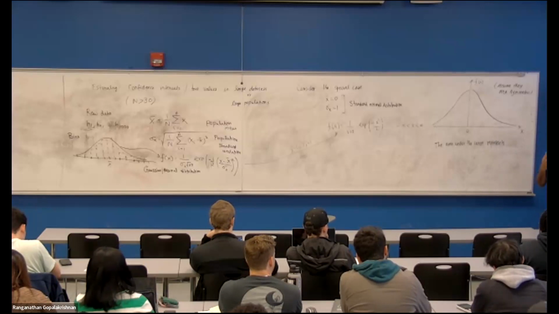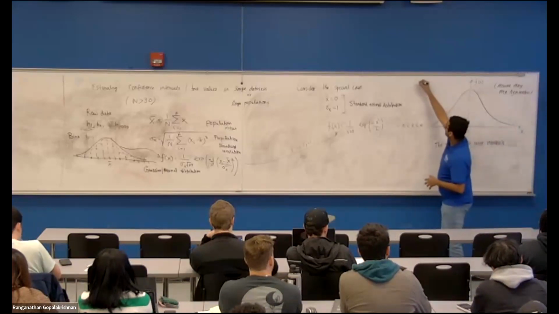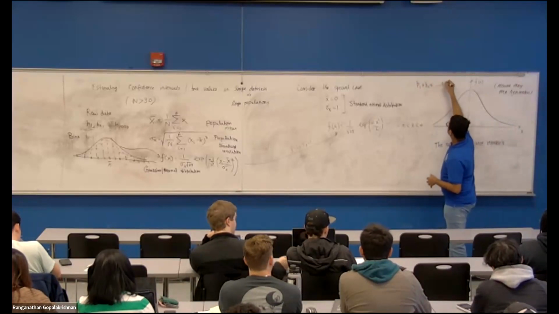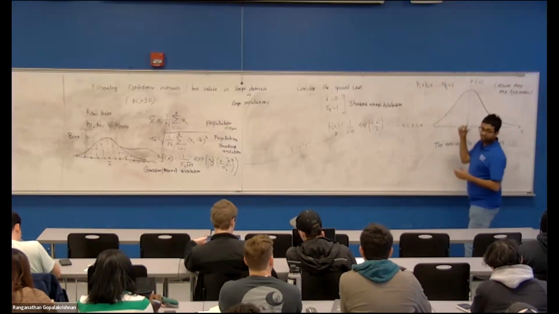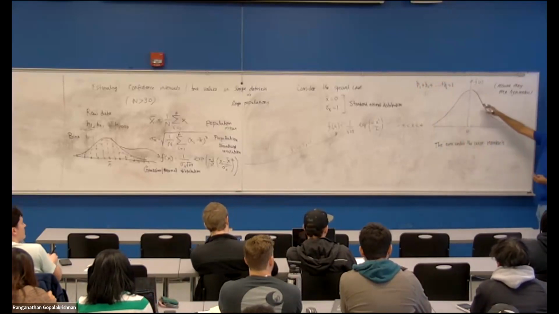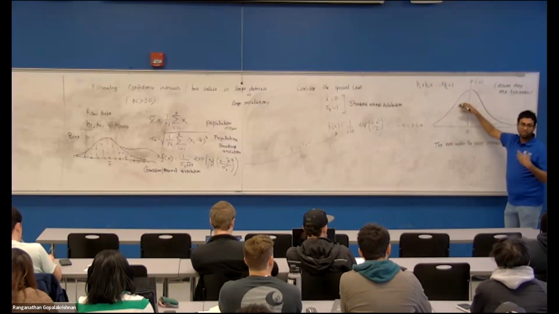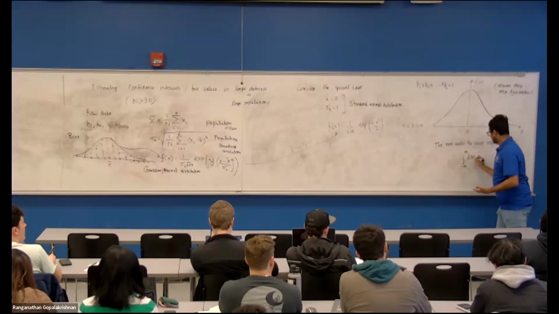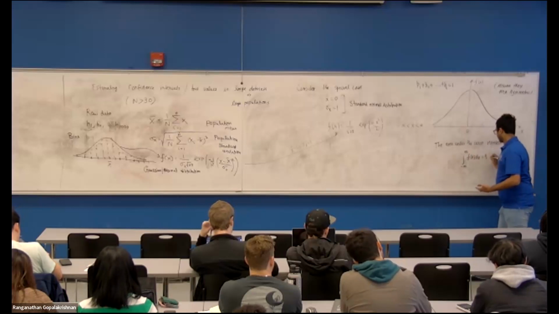What is the chance of getting any number on a dice? 1, right? It's a certainty. That is, if you sum up the probability of all the outcomes, P1 plus P2 up to P6, that should add up to 1. In terms of distributions, the area under the curve represents all possibilities. So if you integrate this function from minus infinity to plus infinity, you get 1.